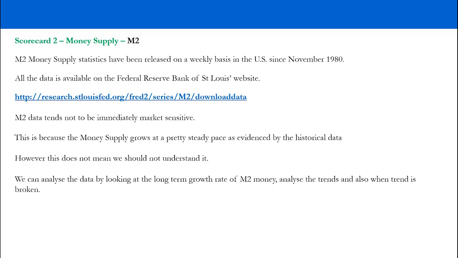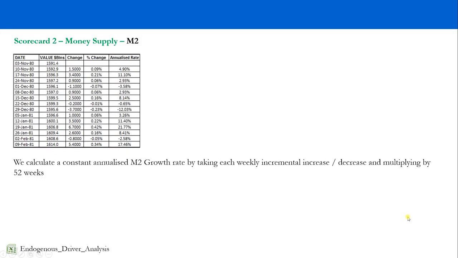So what we do is we analyze the data all the way back to 1980. And remember, this is weekly data, so there's quite a lot of cases. We analyze the data looking at the long-term growth rate of the M2 money supply. And then we look at the outliers. So we analyze the trends and when the trend is broken.